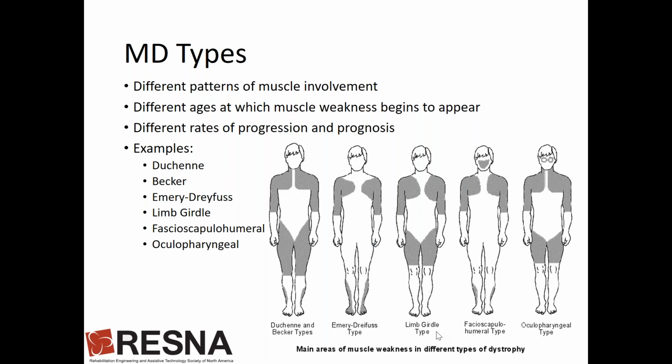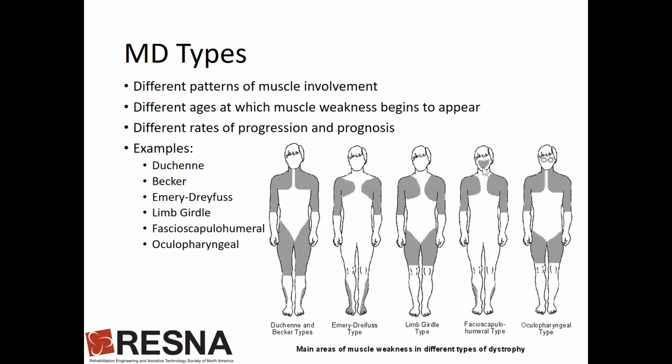Limb-girdle is essentially what you think of. It's the limbs and the girdle, so you have that proximal weakness at the shoulders and at the hips. I always called this FSH, the fascioscapulohumeral type, and it is weakness in the shoulders. You see a lot of winging.